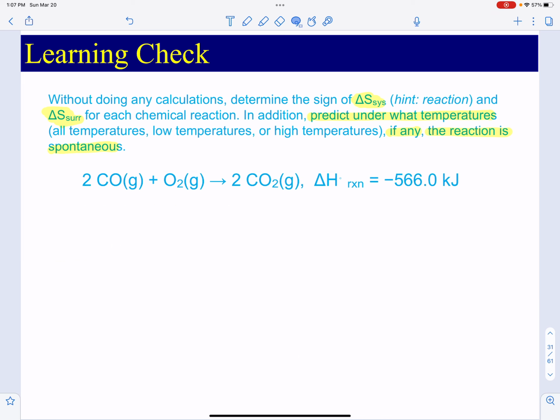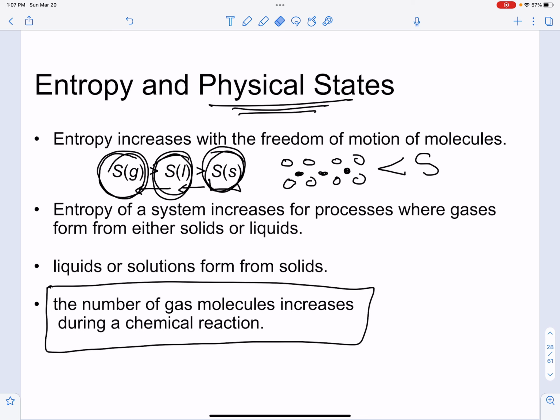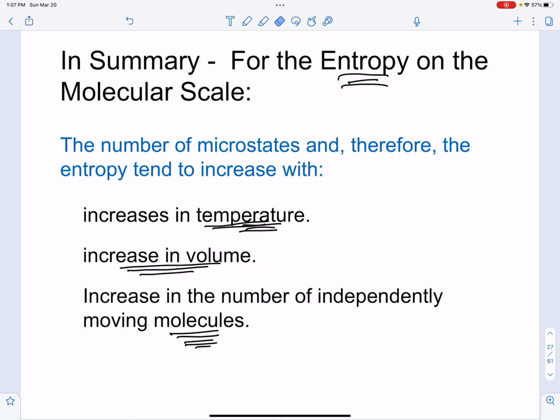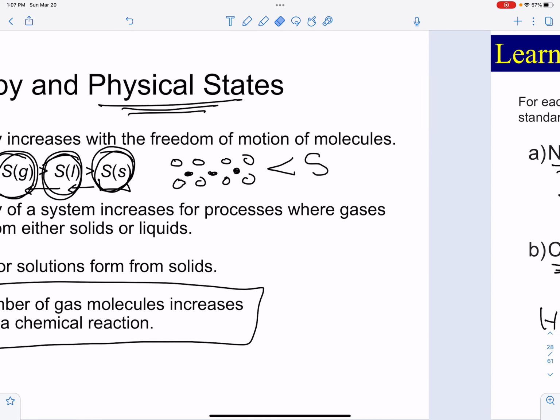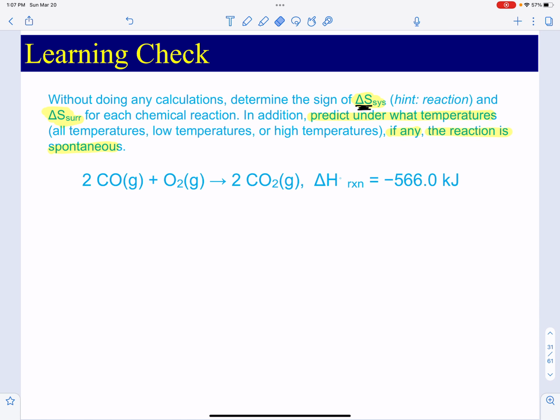So what do we know? The delta S of the system, we find it by using these factors. Liquid versus solid, solid versus gas, increase in number of molecules, increase of number of atoms, and so on. So that's how we know the sign for the entropy of the system.